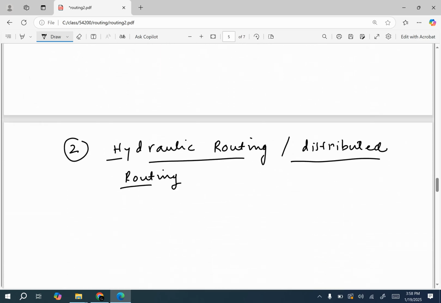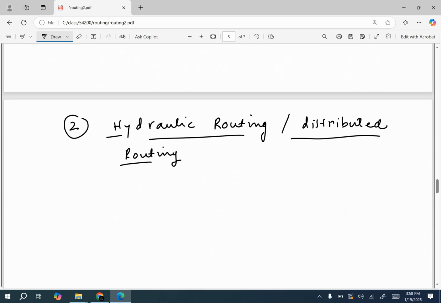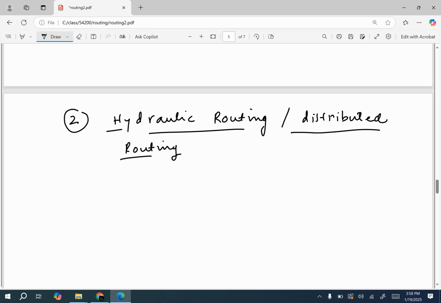So let's think about hydraulic routing now. Hydraulic routing is relatively more complex. Again, we use two sets of equations. The first is the continuity equation, or conservation of mass equation, which is dS/dt = I(t) - Q(t).